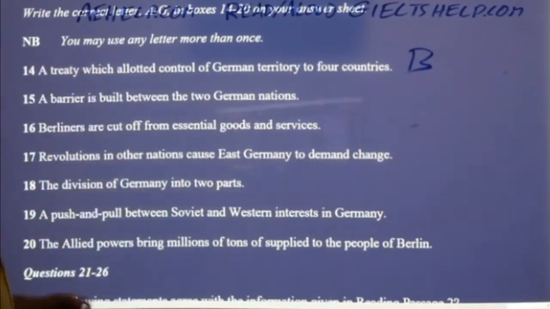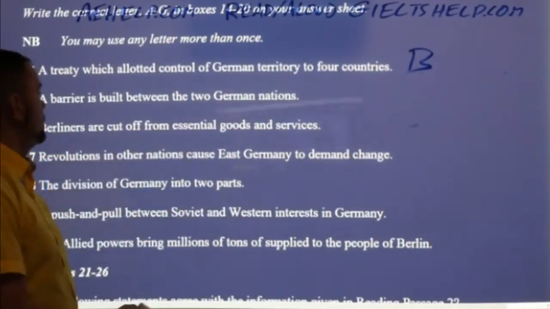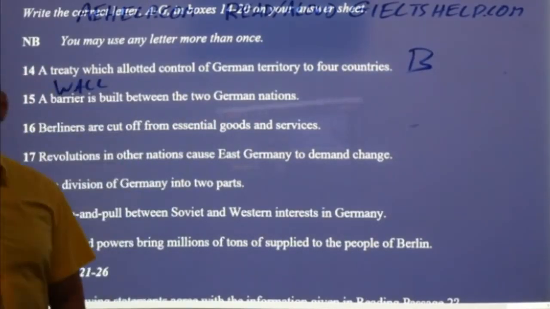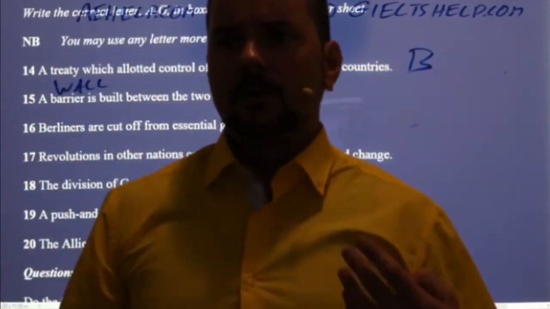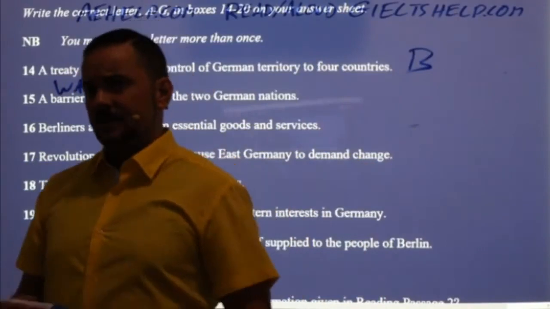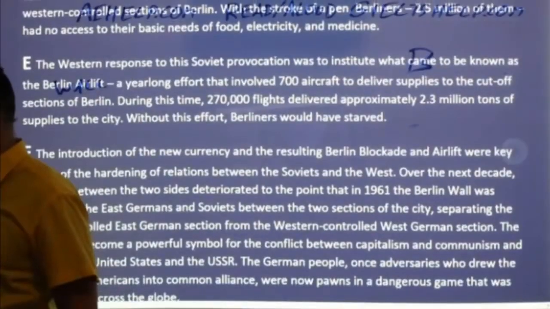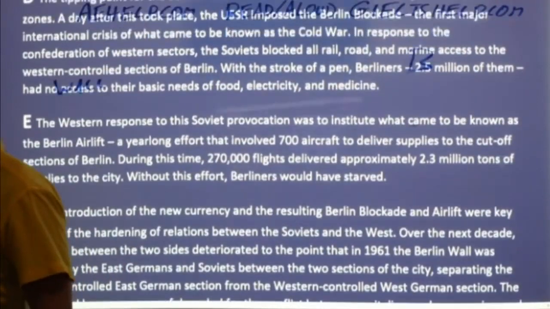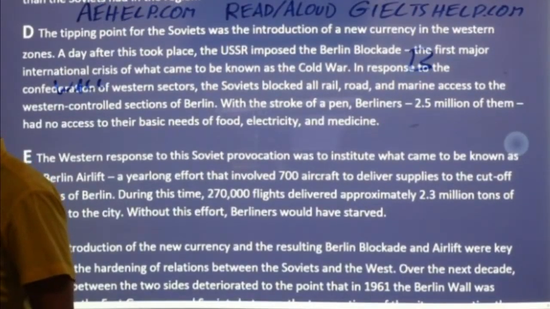Let's keep going. A barrier is built between two German nations. So here we're talking about the wall. We talked about that. So the wall, where was that? Some of you are saying, I think that was F, where we got into the wall. Yeah, I remember two things. It was a short paragraph, and I remember it was near the middle, kind of late middle. Okay. And it was the Berlin Wall.